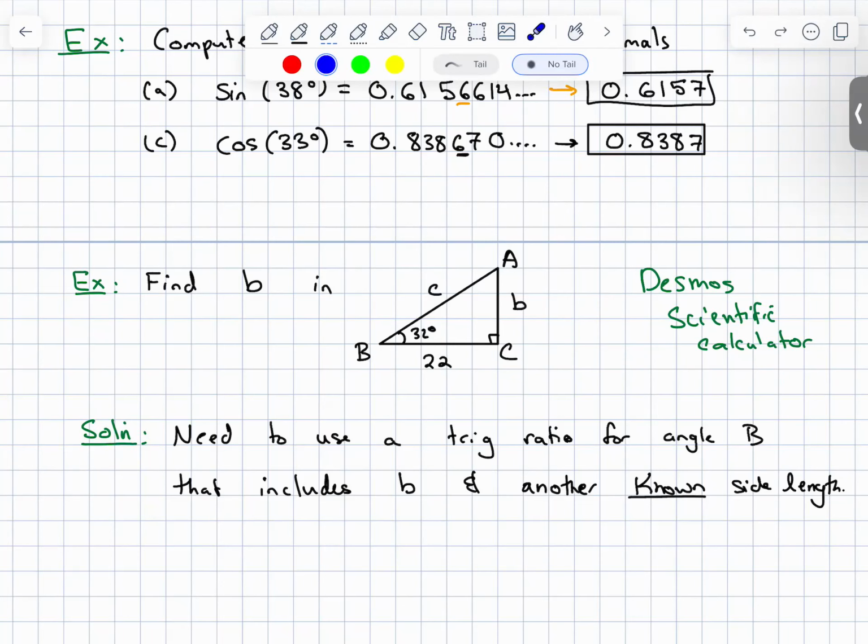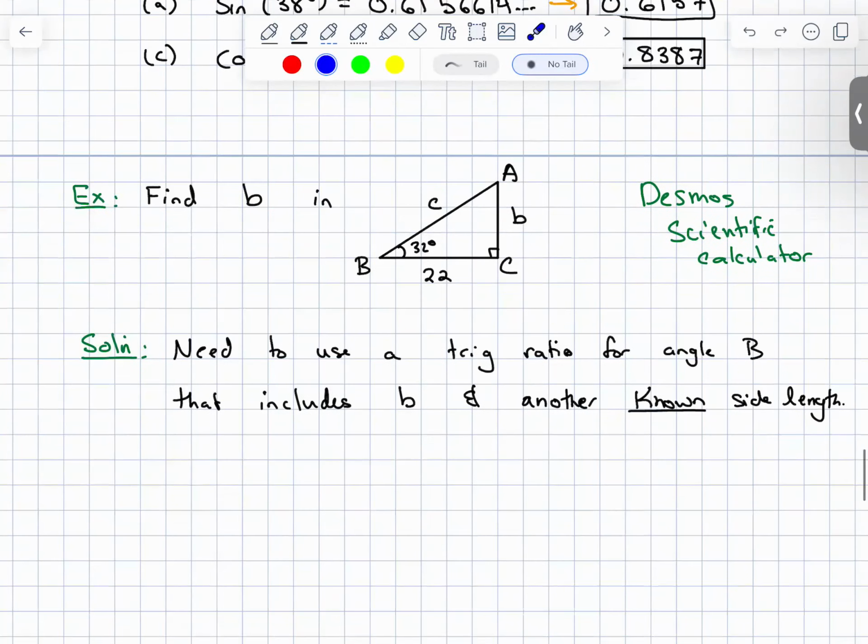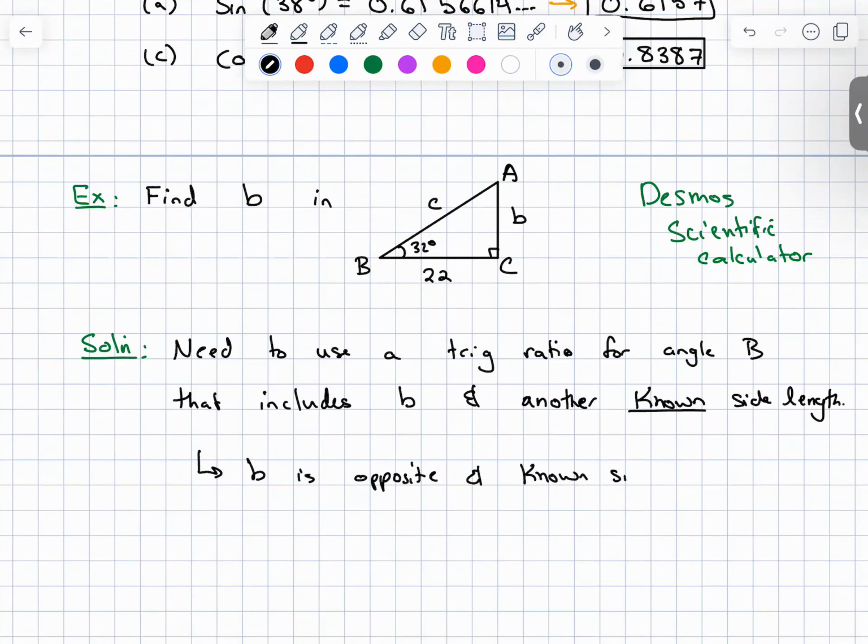In relation to B, B is the opposite side. B is opposite. And the known side, 22, is what in relation to B? Is it opposite, is it hypotenuse, or is it adjacent?